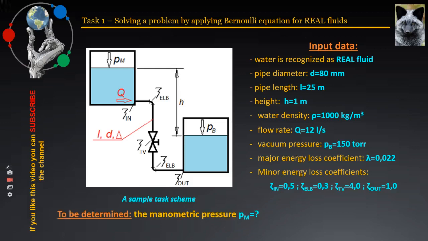I suggest, as in the previous video tutorials, that now is the best moment to perform the preliminary action, step 0, related to the conversion of all parameters into their basic measuring units, as shown on this slide.